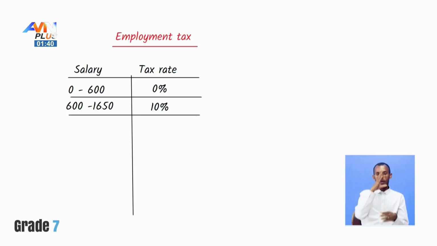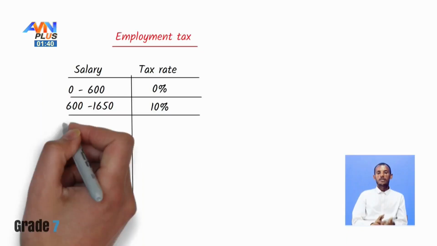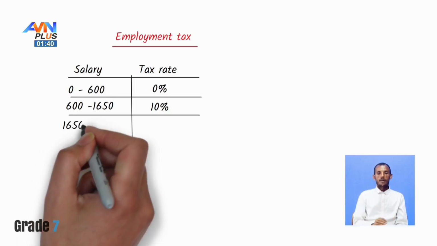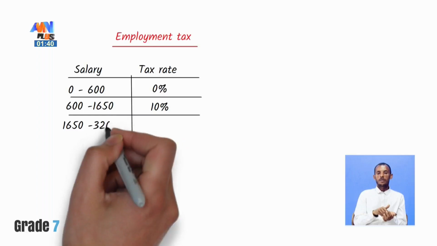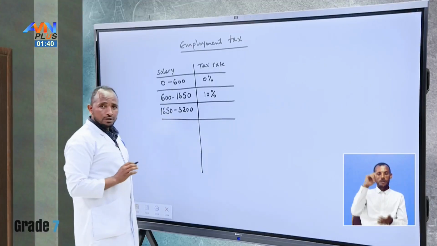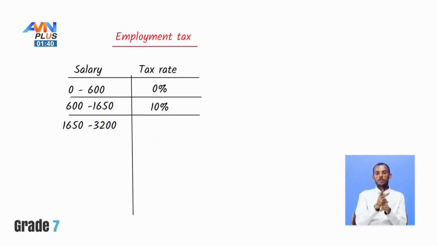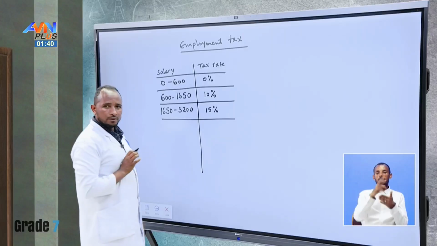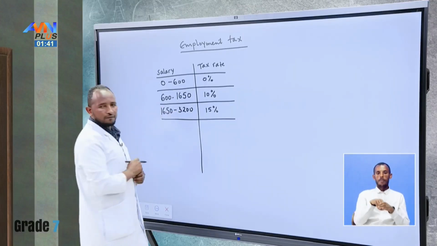And the next range from 1,650 to 3,200. For this range, you are expected to pay 15% of this range income, not for total income, for income ranging on this interval.